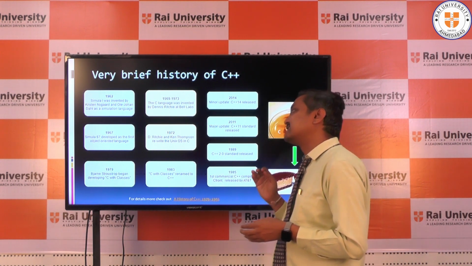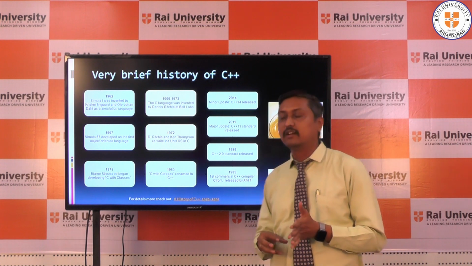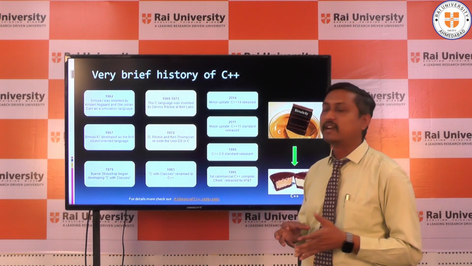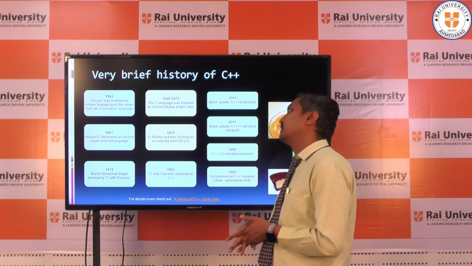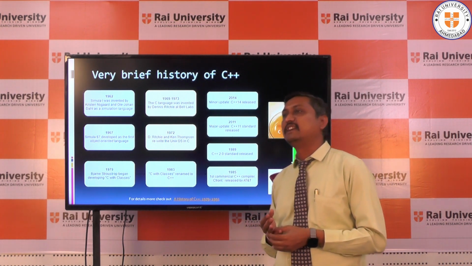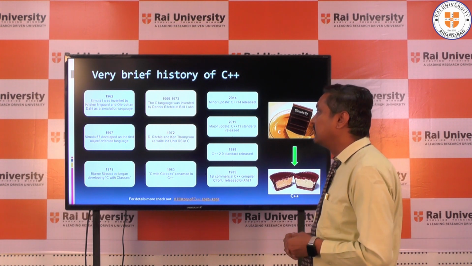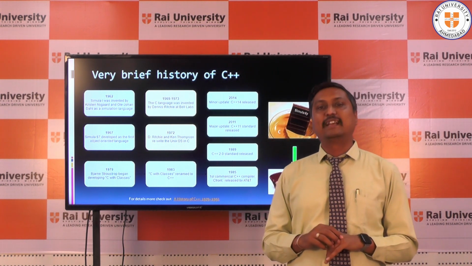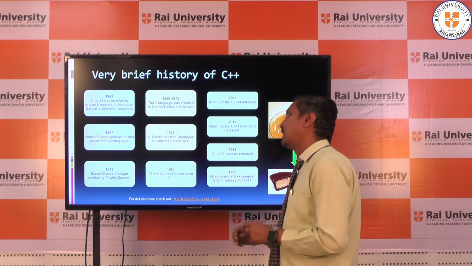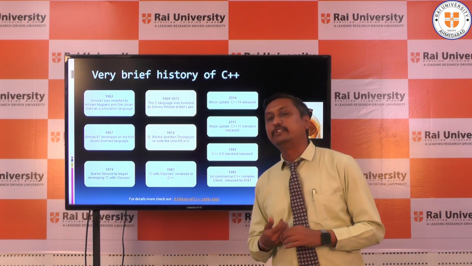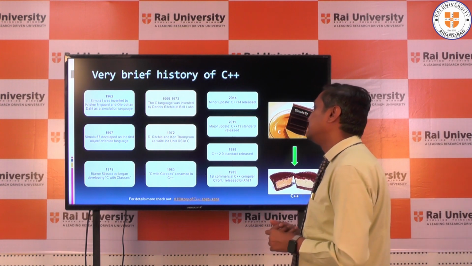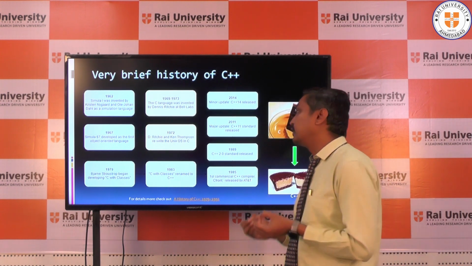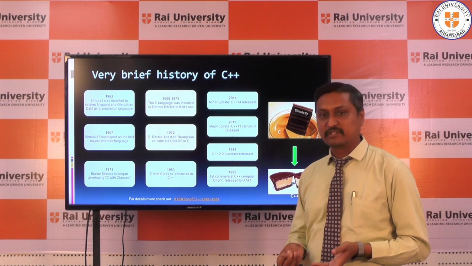After that, in 1967, Simula 67 was developed as the first object-oriented language. After that, from 1969 to 1973, the C language was invented by Dennis Ritchie at Bell Labs. And in 1972, Dennis Ritchie and Ken Thompson rewrote the Unix OS in the C language.